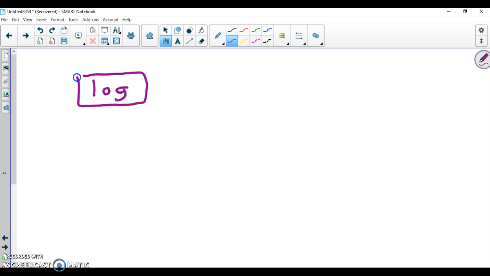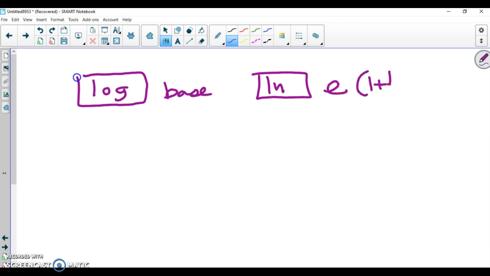This will indicate base 10. When we see the natural log, LN, this indicates a base of e, which we talked about as 1 plus 1 over x to the x, an approximation of that value, 2.718... Okay, so we're going to be talking about base 10.